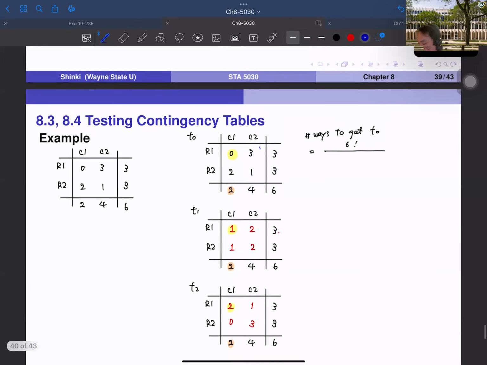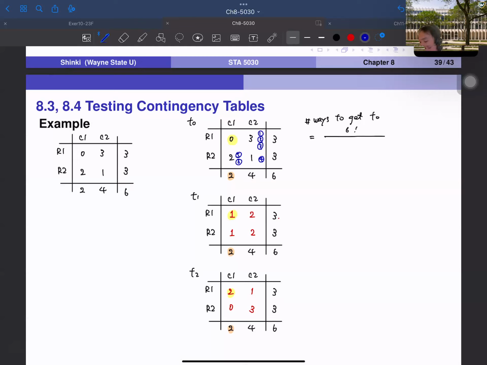So we have 6 factorial ways, 6 times 5 times 4 times 3 times 2 times 1. But if these 3 observations are in the upper right cell, the order does not matter between the first, second, and third choice. So we have to divide this by 3 factorial to get this table.